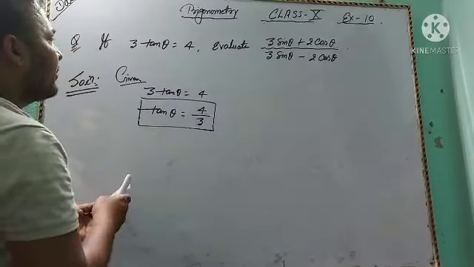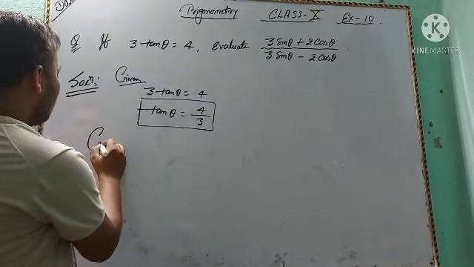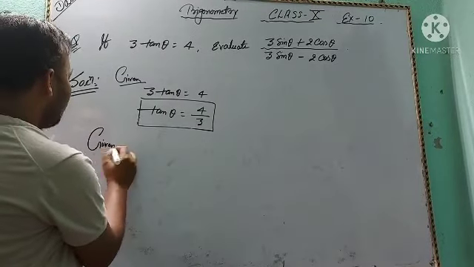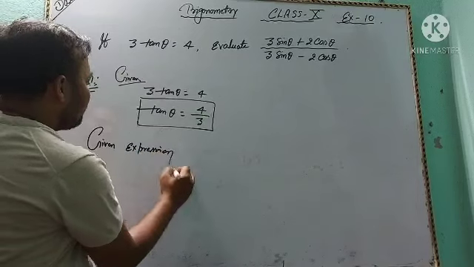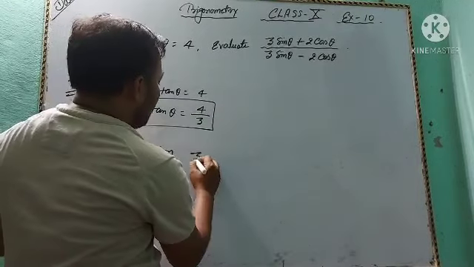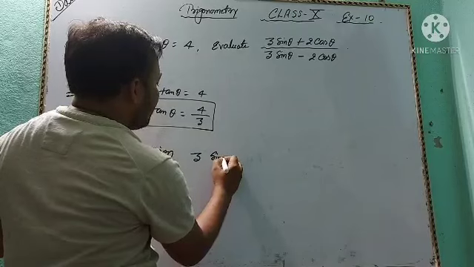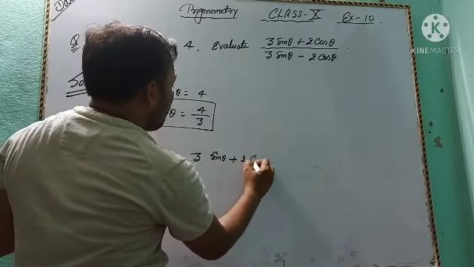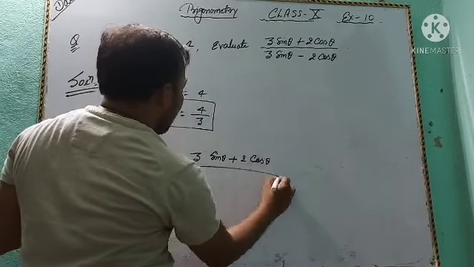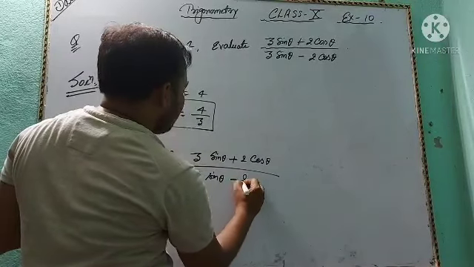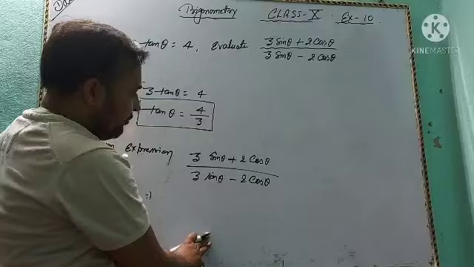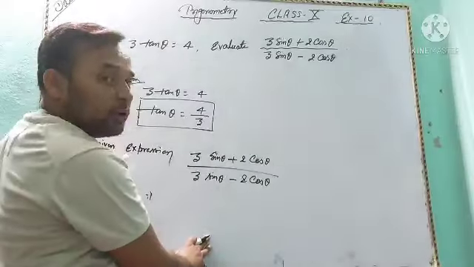Given expression is (3 sin theta plus 2 cos theta) divided by (3 sin theta minus 2 cos theta). We divide numerator and denominator by cos theta.